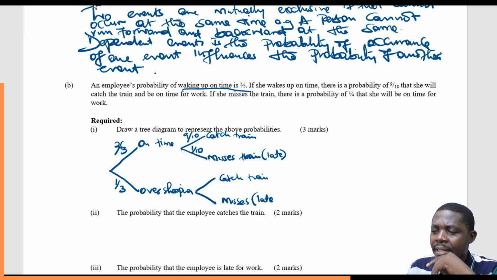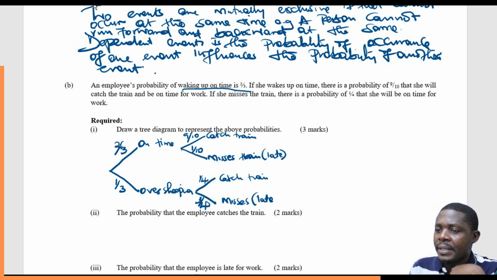Then here, if she misses the train, there's a probability of a quarter that she will be on time for work. Here a quarter, then 3/4 she will miss.